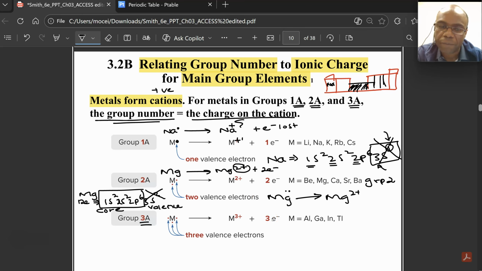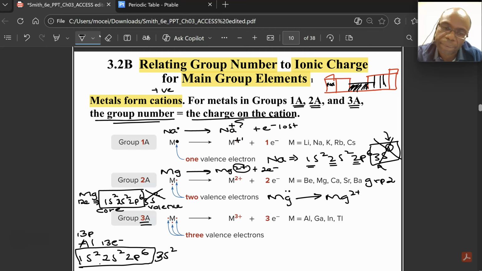Main group 3, I'll give you the example of aluminum with 13 protons, which means 13 electrons: 1s2, 2s2, 2p6, the first and second shells filled up, that is the core, then 3s2 and 3p1.